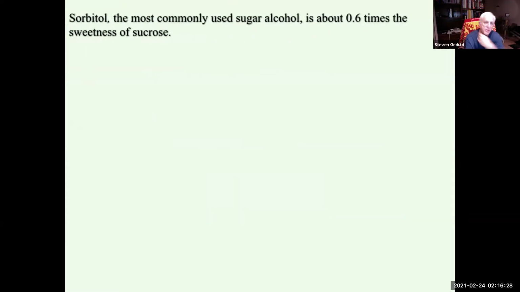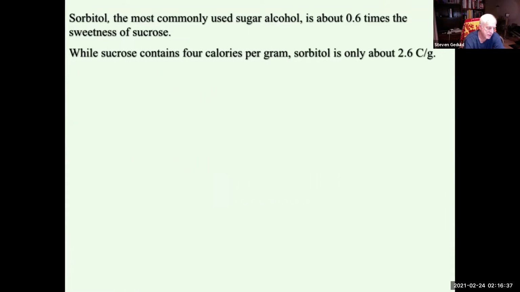Sorbitol is the most commonly used sugar alcohol. It's a little more than 1/2 the sweetness of sucrose. Sucrose contains 4 calories per gram. Sorbitol is about 2.6 calories per gram. Now you'll notice a capital C when we talk about calories. Remember, a calorie is the amount of energy it takes to raise 1 gram of water 1 degree centigrade.